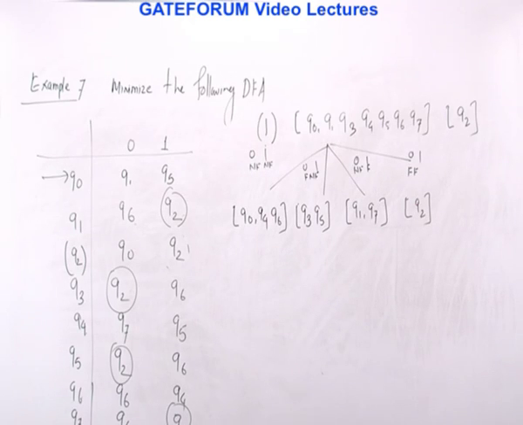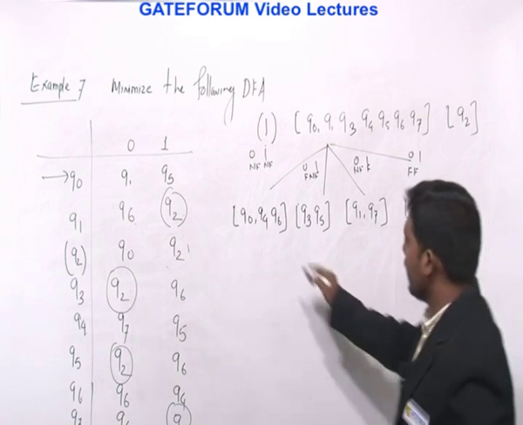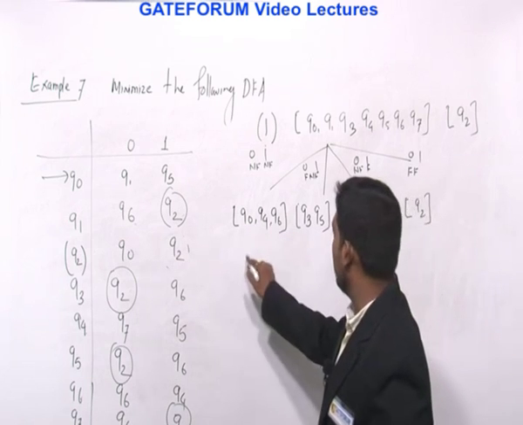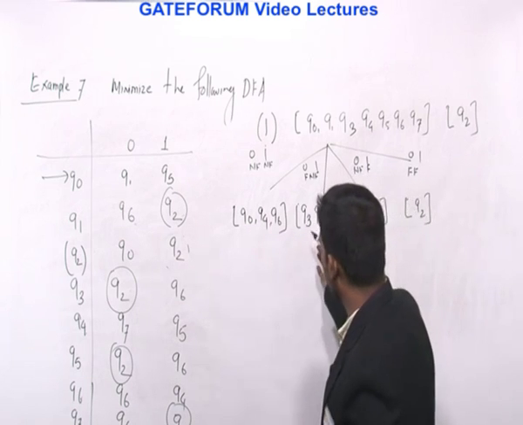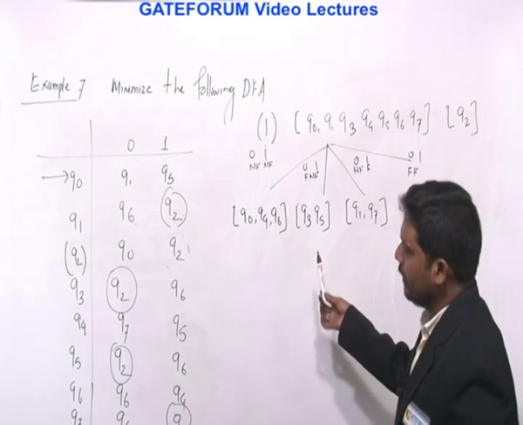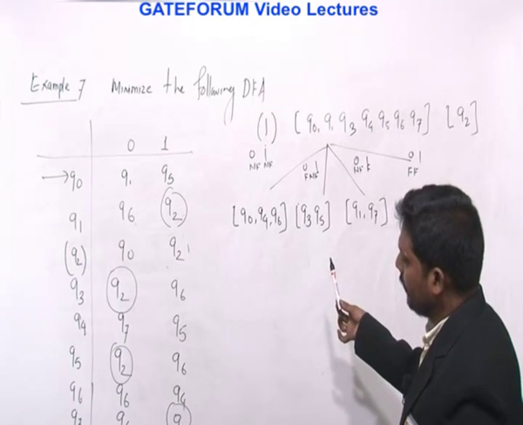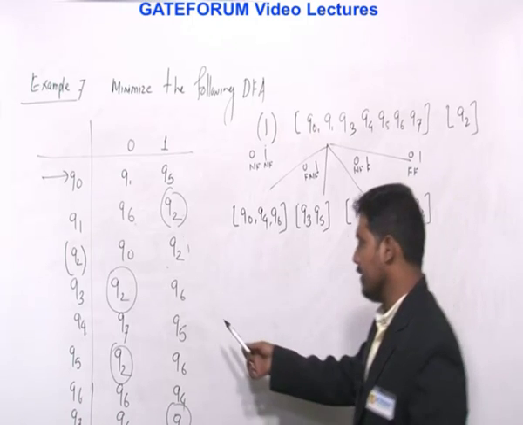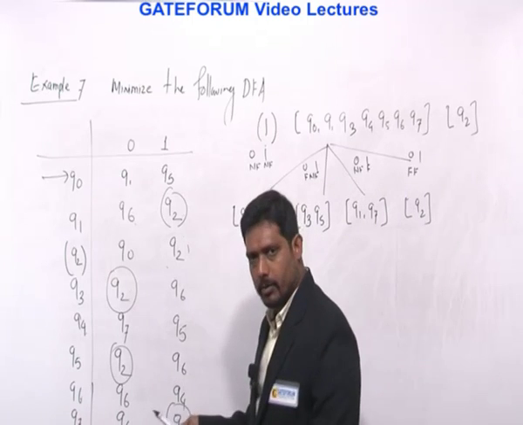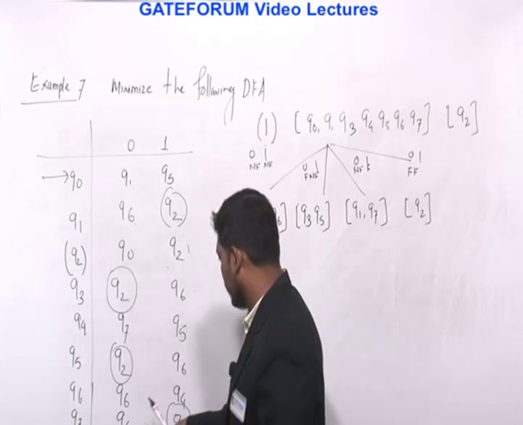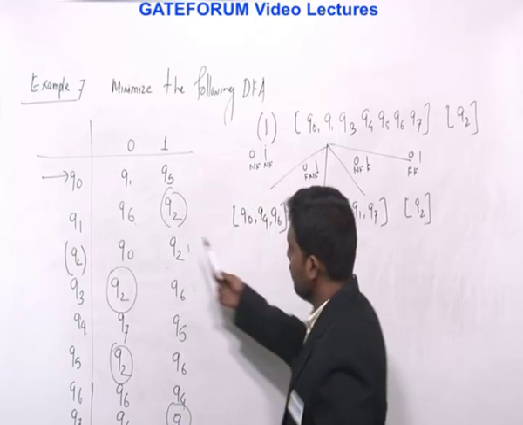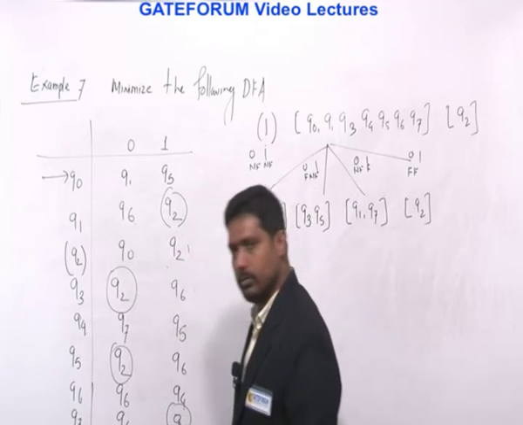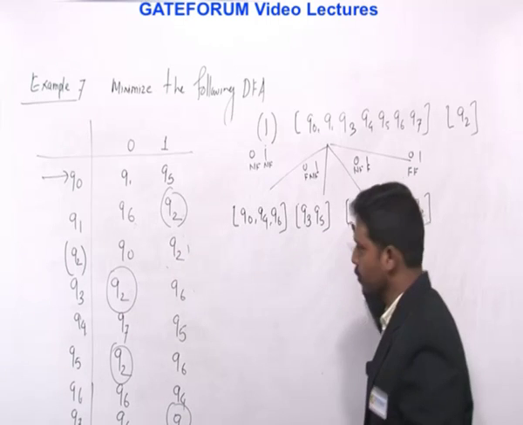Okay, the next method is individual partition, so I will analyze everything. Let's say Q3 and Q5: 3 and 5 both go to Q2 on one input, and Q6 on the other. You don't need to check because they already have the same behavior. 1 and 7, so 6 2 and 6 2, already no further partition possible.